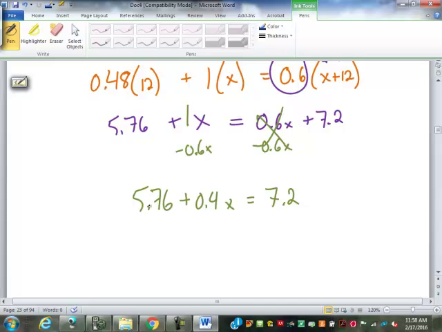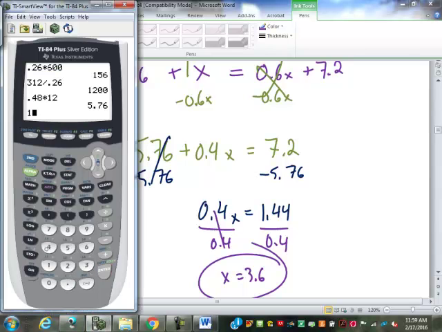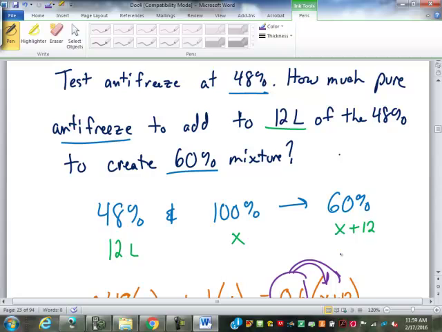And we'll solve from subtracting the 5.76. So 0.4X equals 1.44. Dividing by 0.4. X equals 3.6. Does that look right? Yep, 3.6. So that is saying we would add 3.6 liters of pure antifreeze to increase that percent.